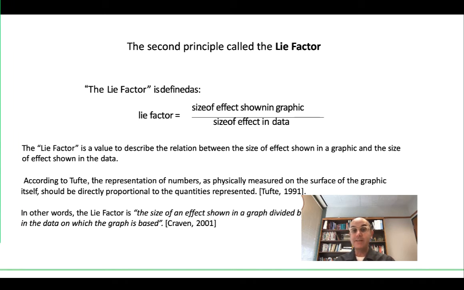I do apologize for that, but the idea of Lie describes the space between the size of the effect shown in the graph and the size of the effect shown in the data. And if there is a discrepancy between them, that will be a lie. So according to Tufte, this is something that we can always measure.